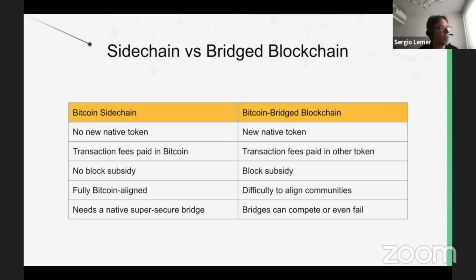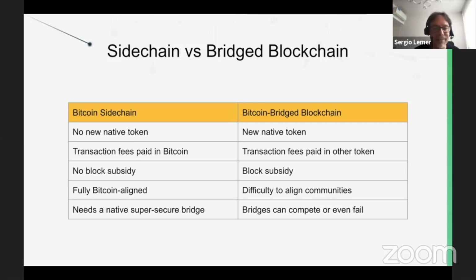So the consensus algorithm, everything must be orchestrated to be secure against reverts and against all kinds of miner extractable value without block subsidy, which is kind of difficult, and Rootstock has made it. And it's fully Bitcoin aligned. That's the main benefit, using Bitcoin as a native currency. In the case of other blockchains, it's generally very difficult to get this alignment between the communities. You may be able to, but it's generally very hard.